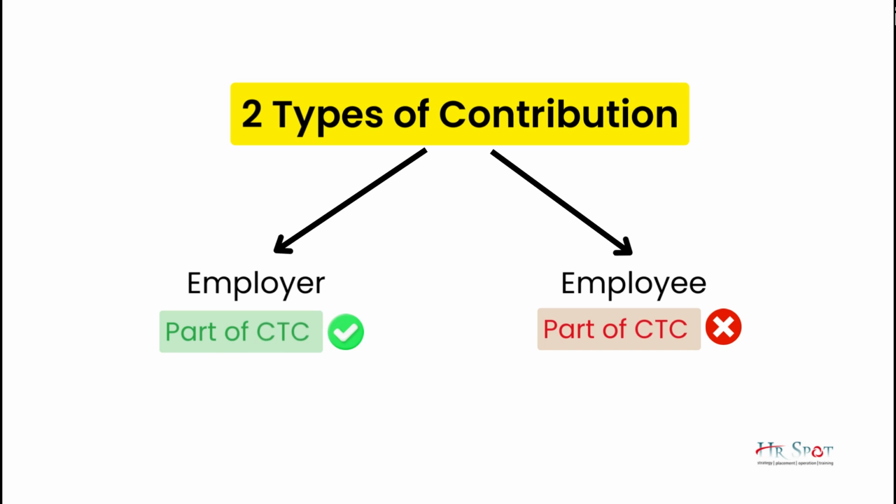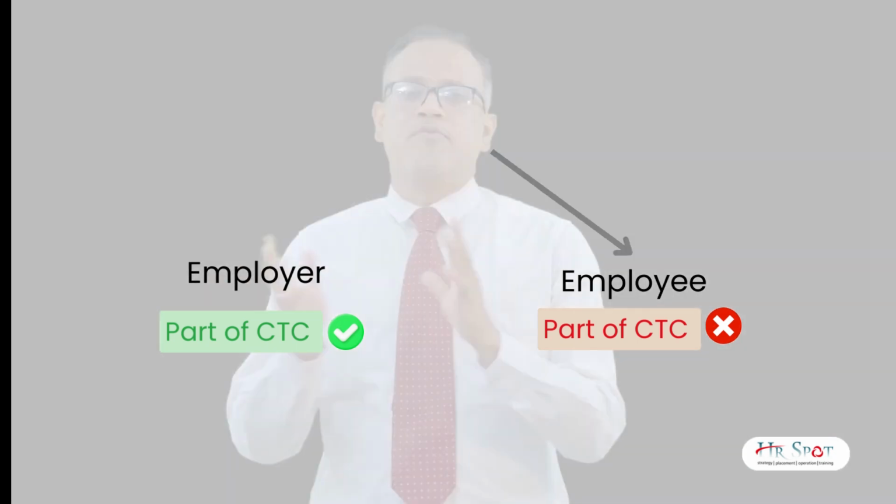What is CTC? CTC is the cost spent by the company. So only the company's contribution can be included in the CTC. You cannot include the contribution made by the employee in the CTC structure.